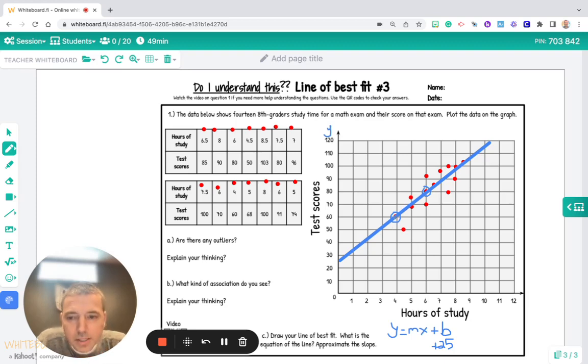If there weren't two dots, you could add them if you need to, but this one had two dots. So let's name these coordinates. The first dot is (4, 60), and the second dot is (6, 80).